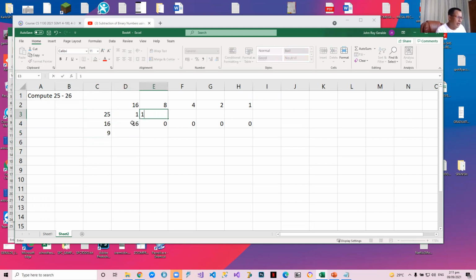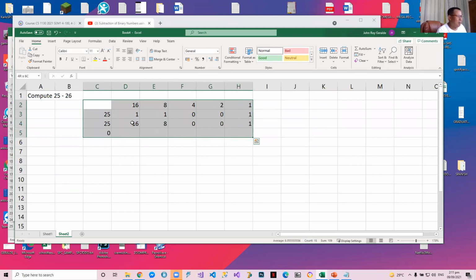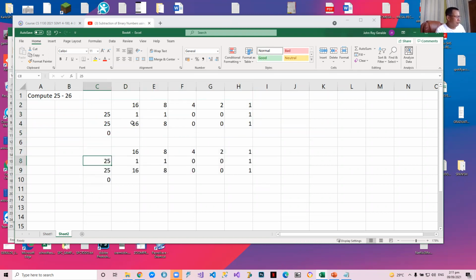We're left with 9, we need an 8. Okay. We're left with 1, so this will be a 0, 0, 1. Okay. That's 25. Any questions? 25 yan. So now we will convert 26. Copy this. Put here. 26. The difference between 26 and 25 is this is 1, this is 0. Okay. So that's 26.